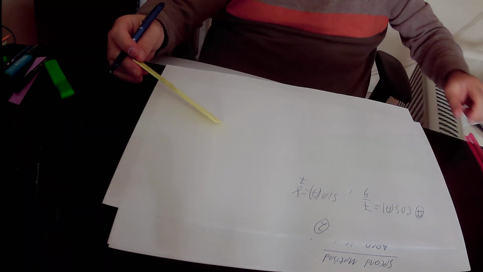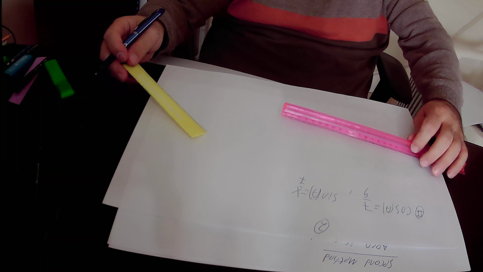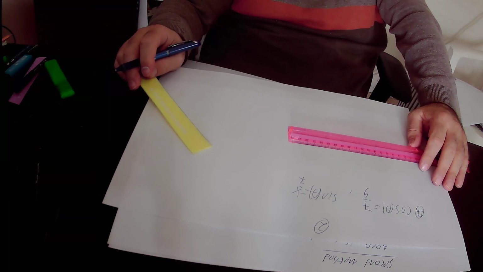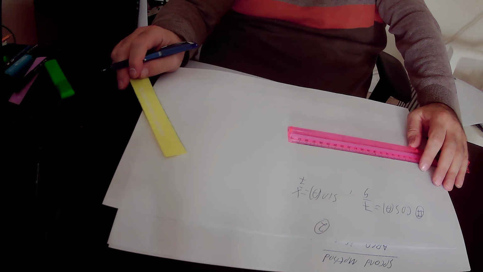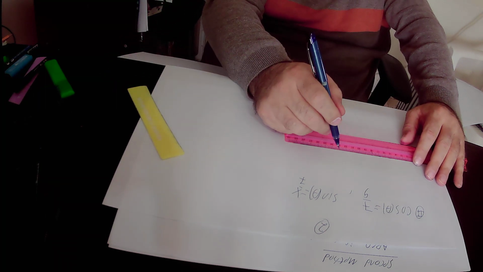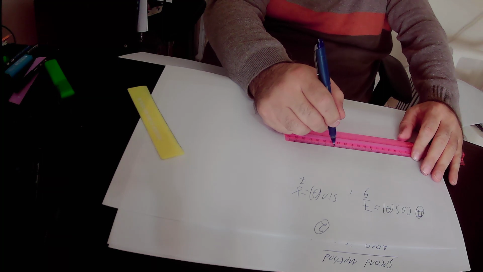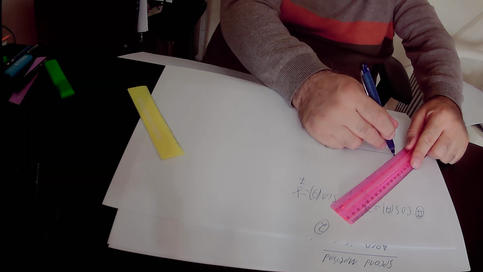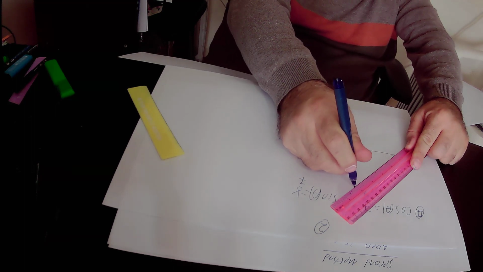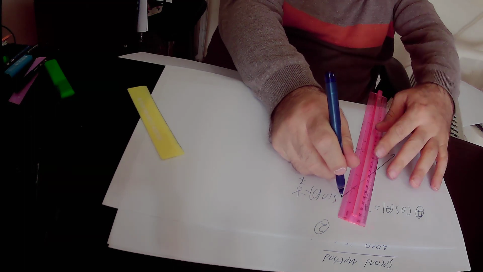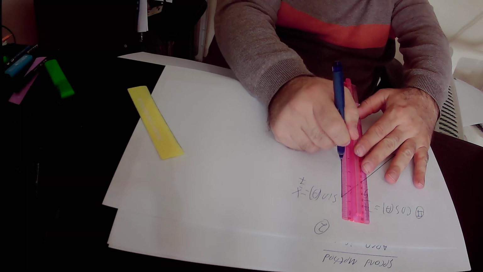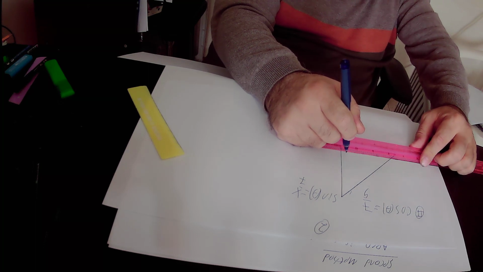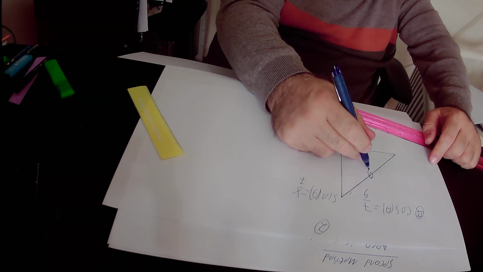So what is cosine theta equals 7 over 9? If we draw this function of cosine theta that equals 7 over 9, we will get a right triangle with the hypotenuse that equals 9 units.